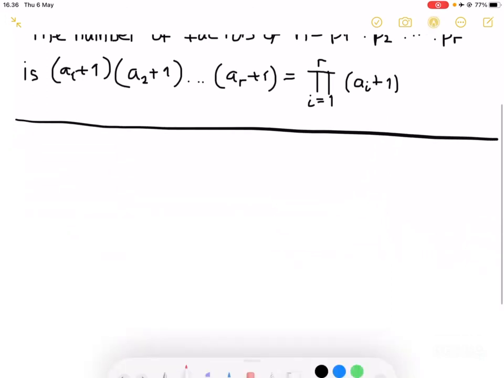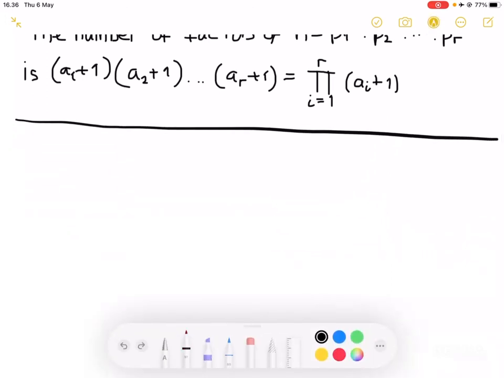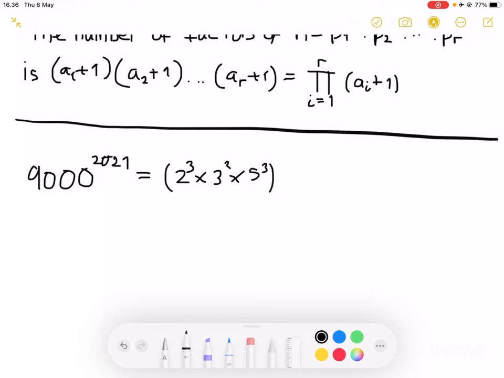Alright, first what you need to do is to express 9,000 as its prime factorization. Notice that 9,000 could be rewritten as 2 to the third times 3 squared times 5 to the third, all to the power of 2021.